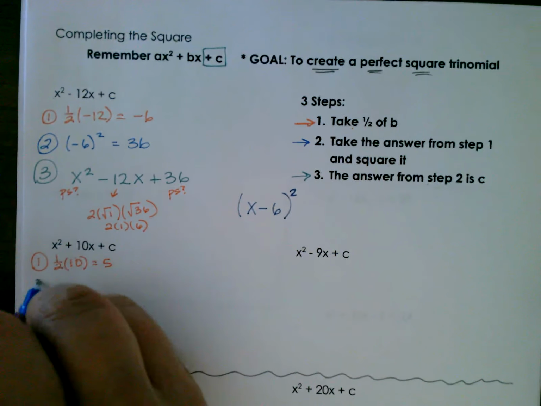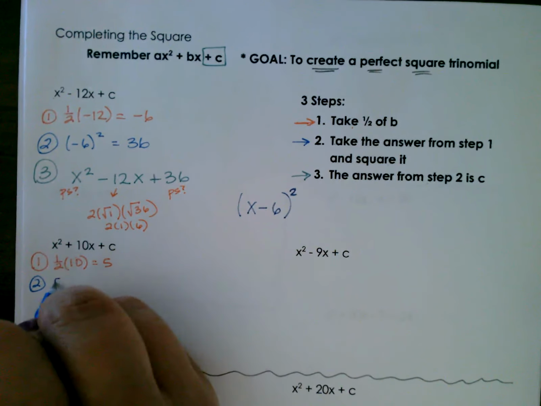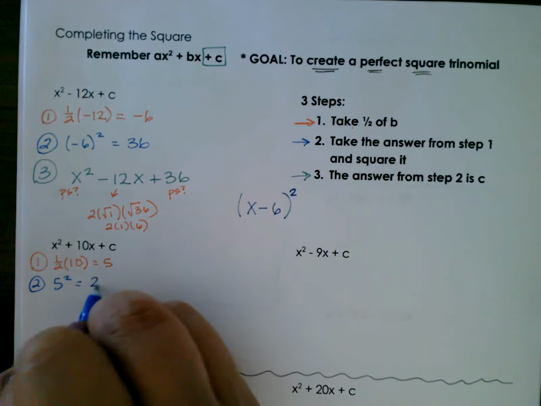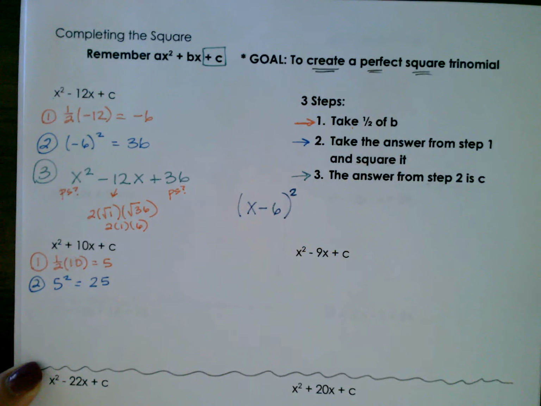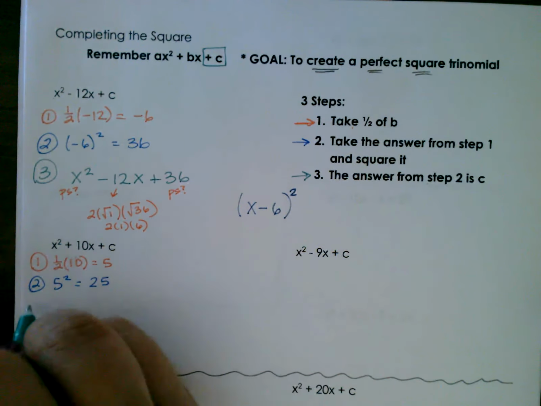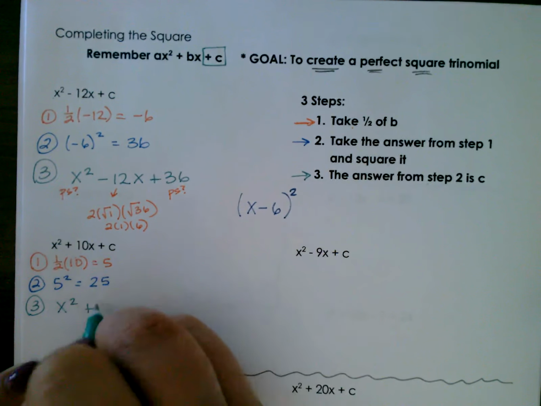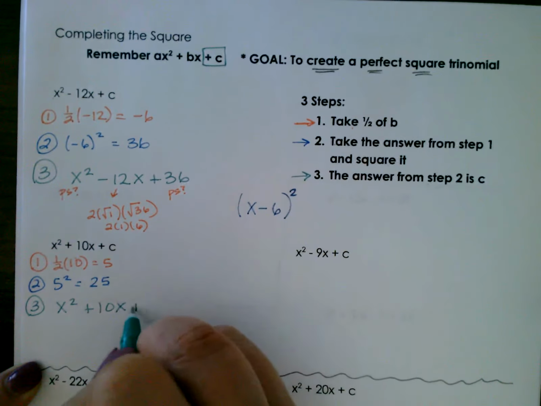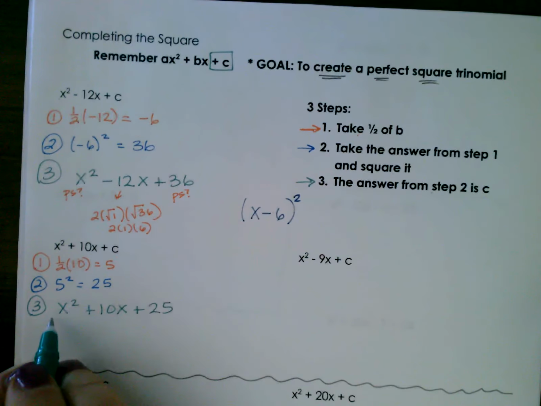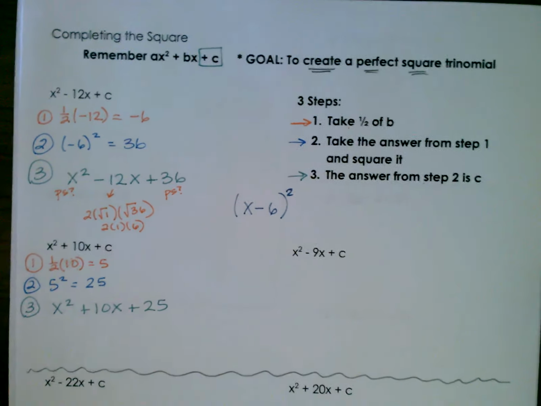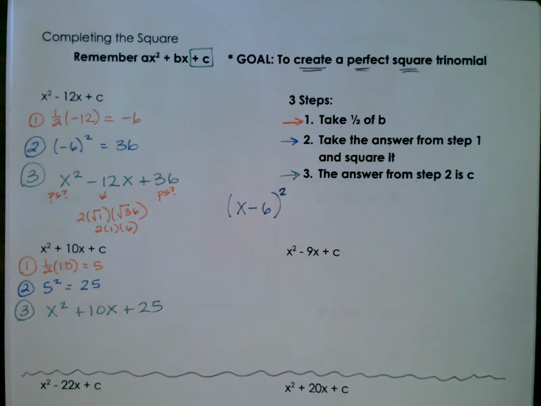Step 2, square your answer from step 1, so I would get 25. Step 3, your answer from step 2 is your C, so I would have x squared plus 10x plus 25.